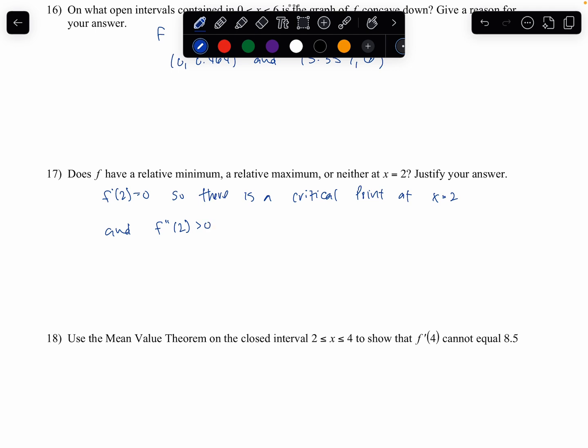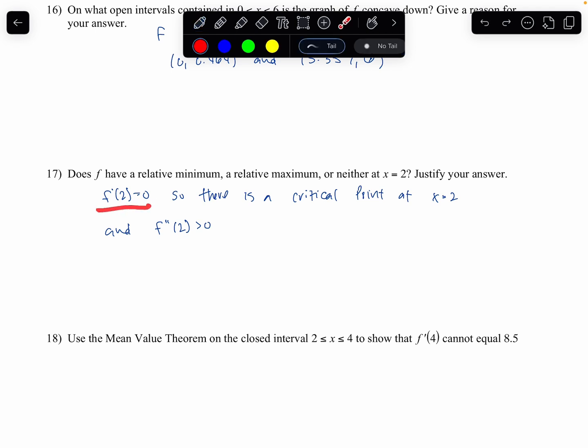So this is the second derivative test right here. So we can basically just say that because of these two things, f... and one second, let me make sure that this English is making sense.